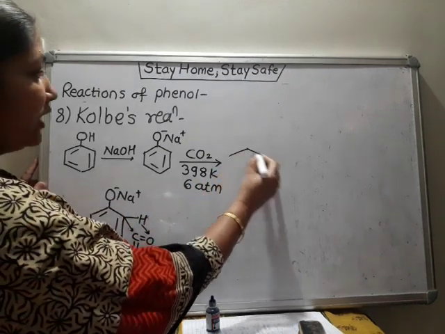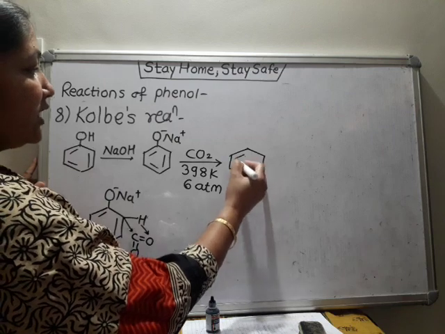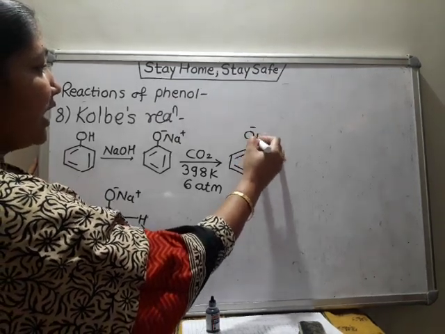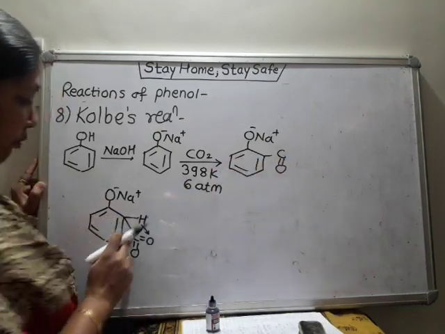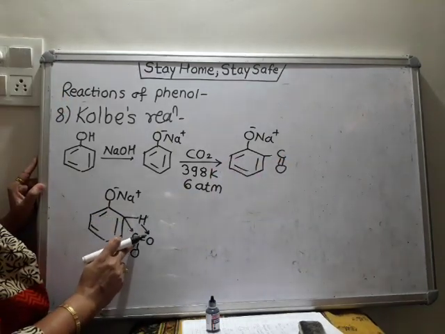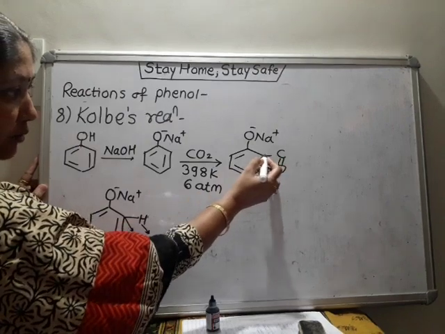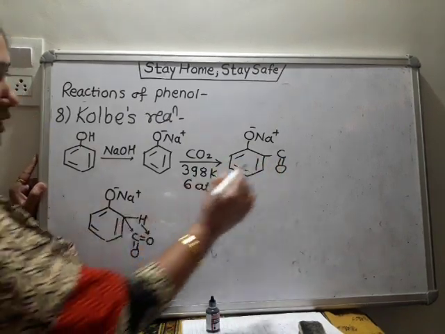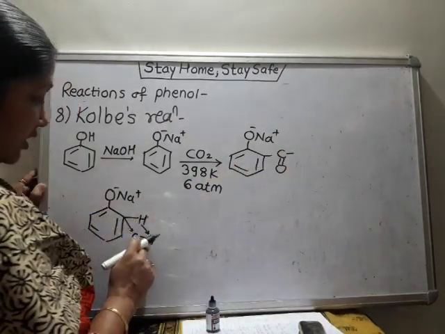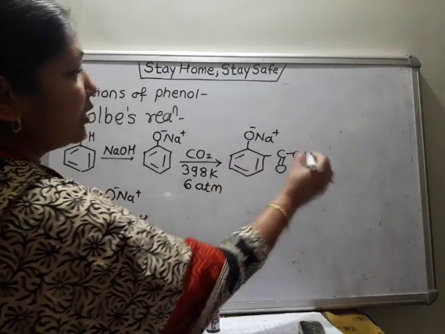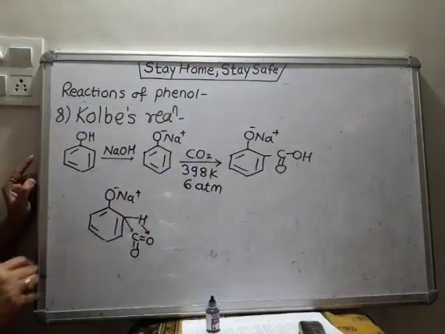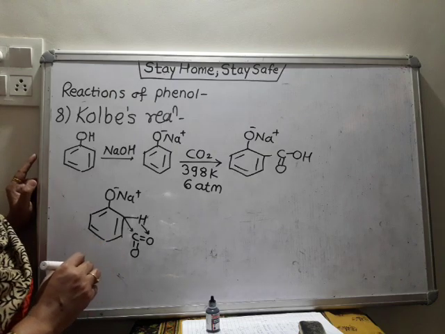So we get one intermediate as O minus Na plus, and here this C double bond O as it is. This carbon is connected to this carbon, and this hydrogen is connected to this oxygen, so it becomes OH.